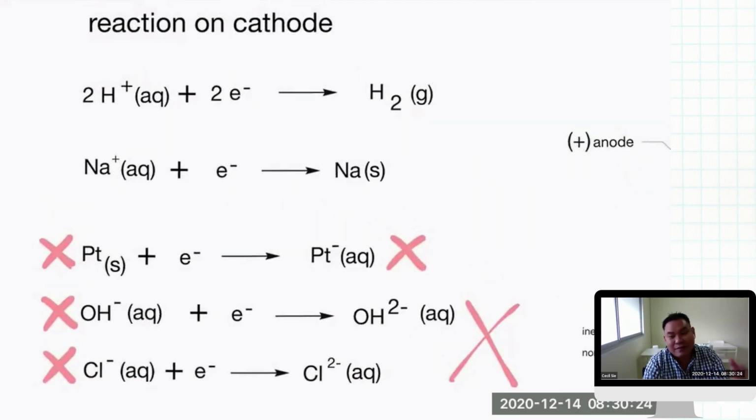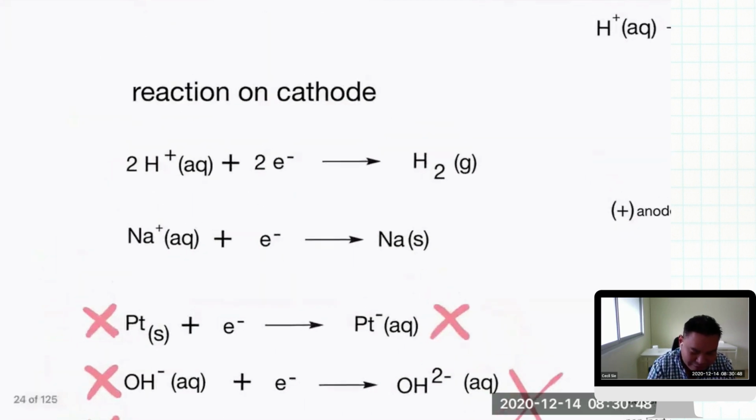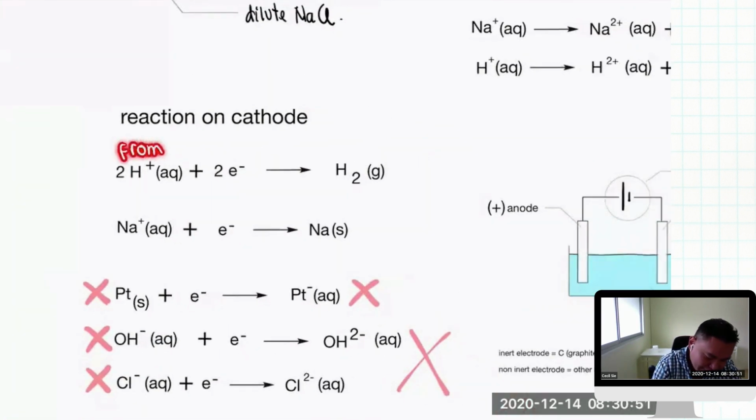What type of substance is more likely to get reduced? Sorry, they are cations. They are positively charged, so it's easy for them. They're more likely to get reduced, and we have 2 of them. H plus from water, yeah, and Na plus from NaCl.